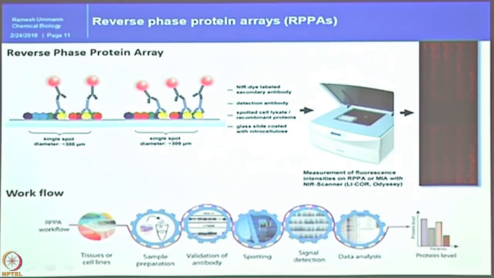Then spotting pattern, spotting methods, signal detection methods, how different methods are advantageous one over the other for detection, and finally data analysis and what kind of data we see, and I will show 1 or 2 examples of how we generated the data, how they are useful in literature.